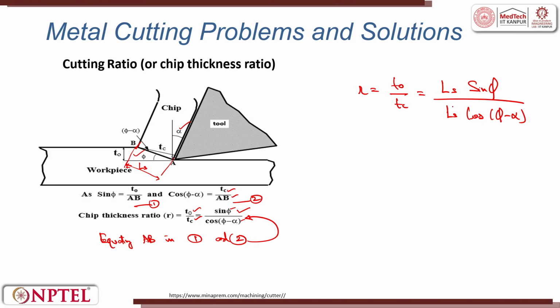I have introduced the term LS here. This gives me tan phi equal to R cos alpha by 1 minus R sin alpha. So these will be used in the calculation and also for the minimum shear strain condition.